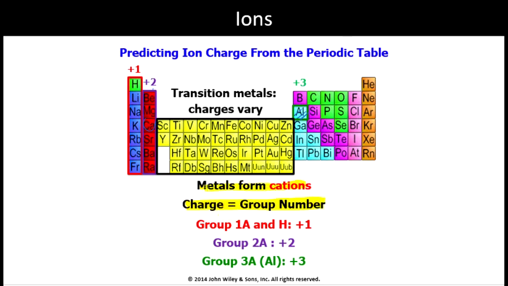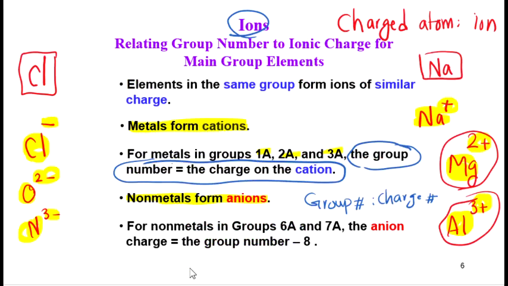Metals make cations, and this is the charge for main metals. Main metals are placed on the main groups: one positive, two positive, and three positive. Look at this slide.